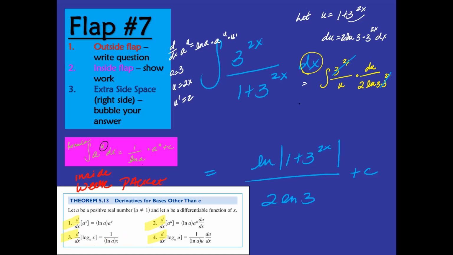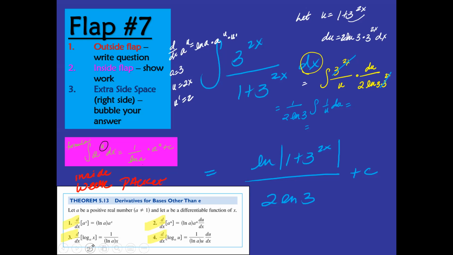And I am left with the integral of 1 over u, which is ln u plus c. I have all these other things that I can just move over to the left side. So I'm going to put 1 over 2 ln 3 integral of 1 over u du. And then you just move forward.